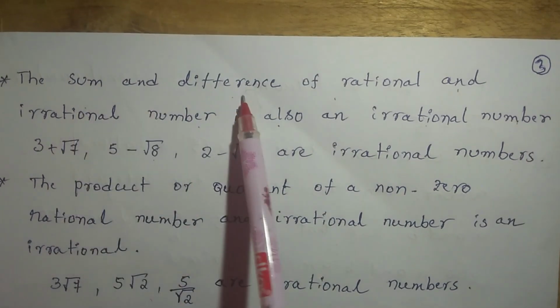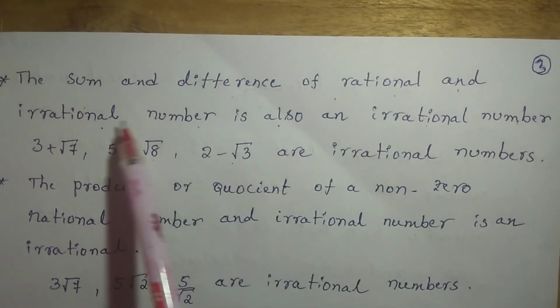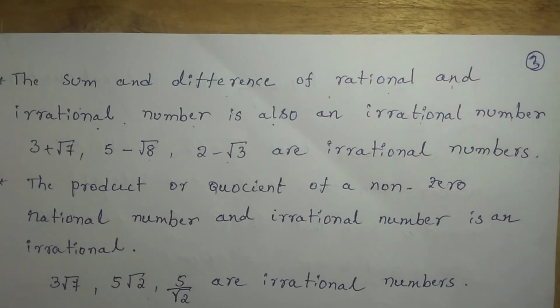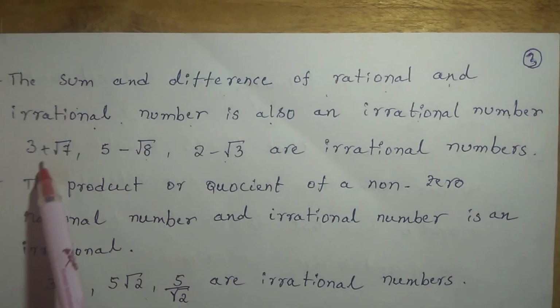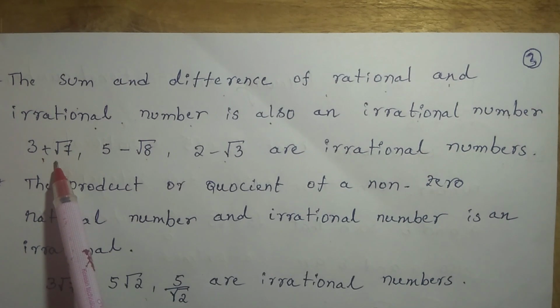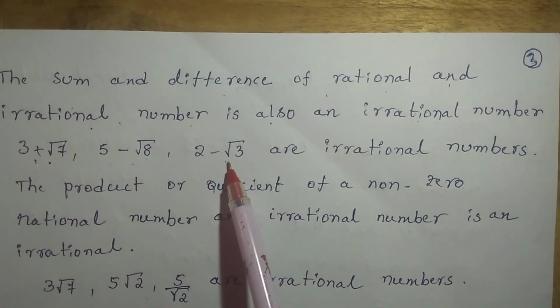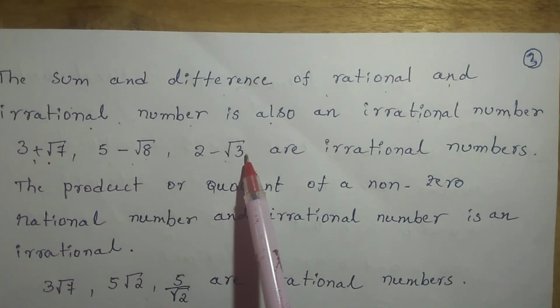The sum of a rational and an irrational is irrational, and the difference of a rational and an irrational is also irrational. For example, 3 plus root 2 is irrational, 5 minus root 8 is irrational, and 2 minus root 3 is also irrational.